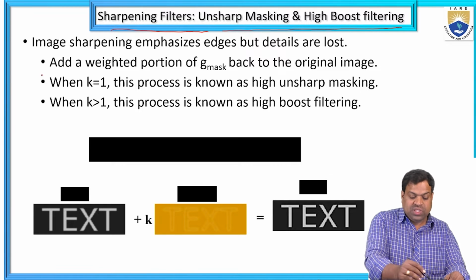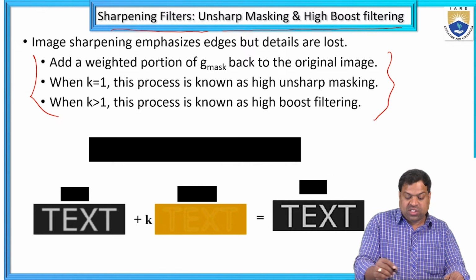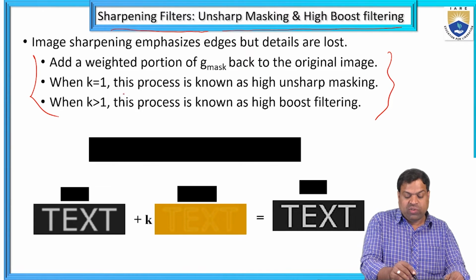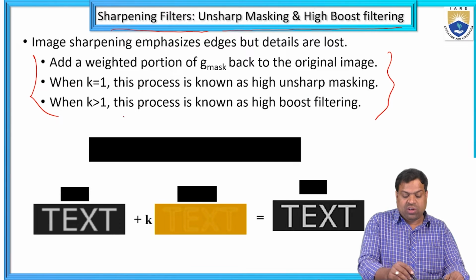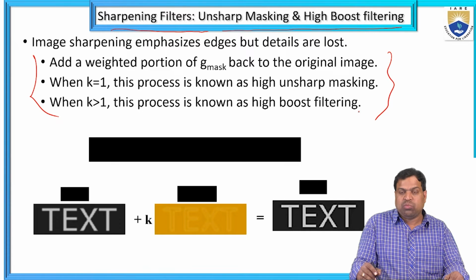So here I am taking 3 conditions. Add a weighted portion of the G mask back to the original image. When k equals 1, this is unsharp masking. When k is less than 1 or greater than 1, this is high boost filtering.